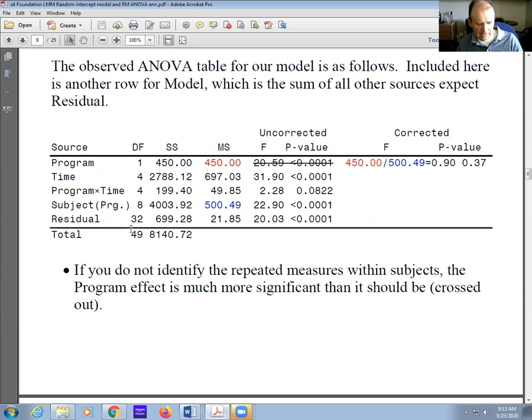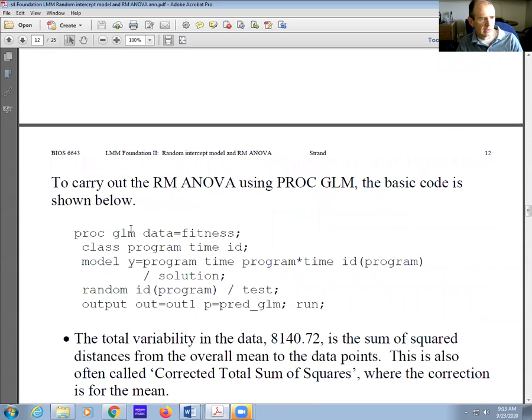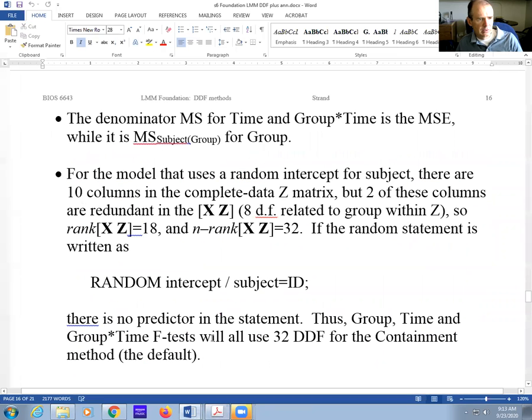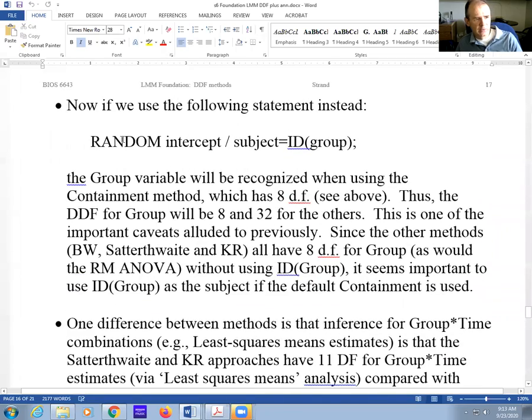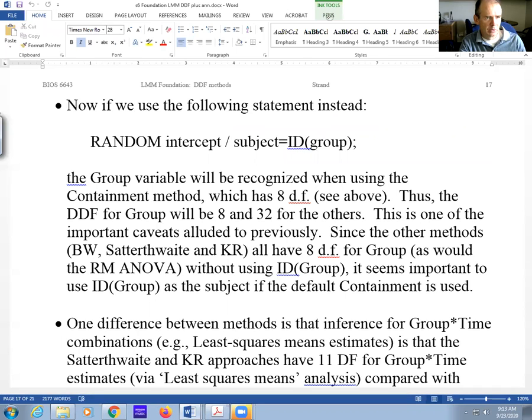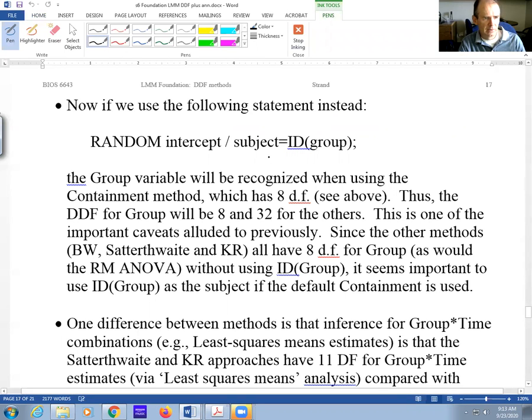But if you go with the default approach, you only get that if you specify it this way. If you say random intercept, subject equals ID within group, okay? You may be familiar with this by now based on 6612.